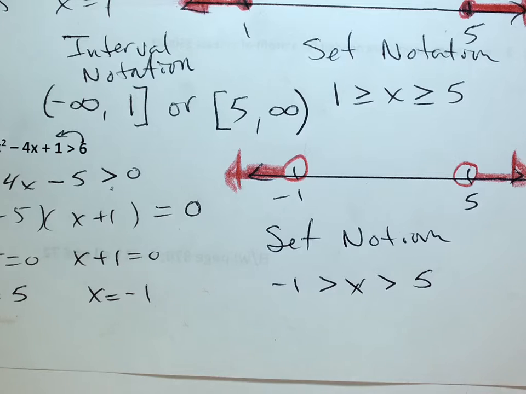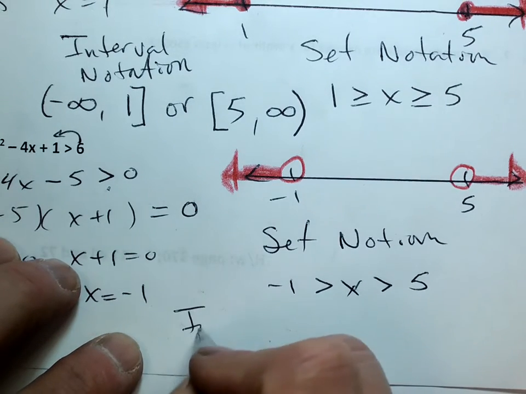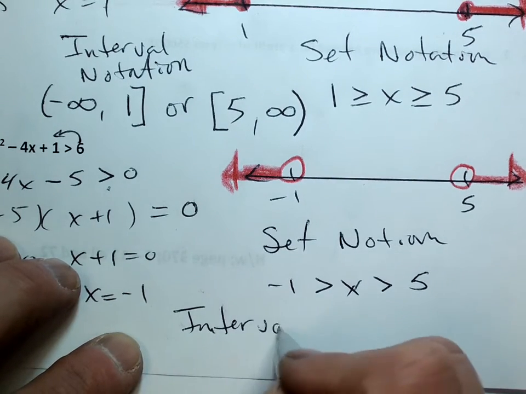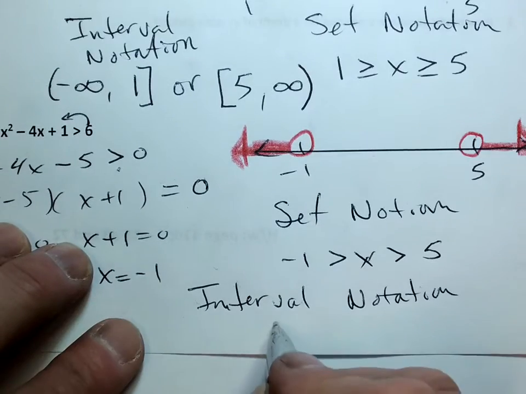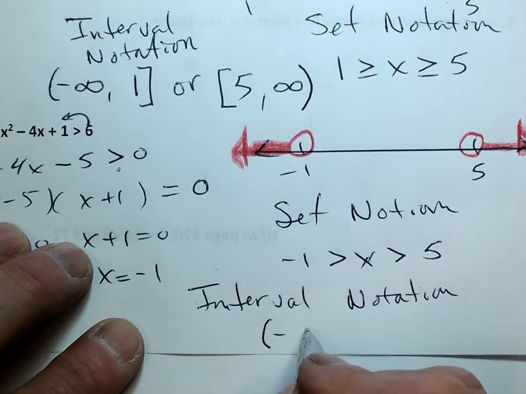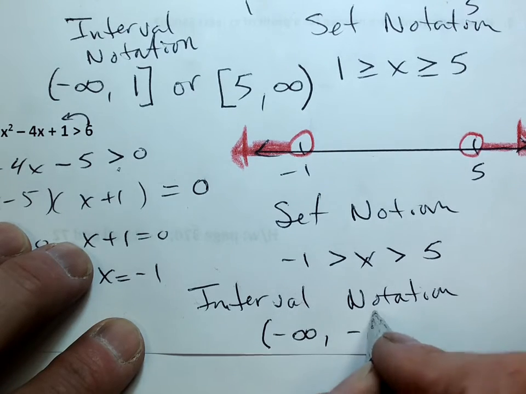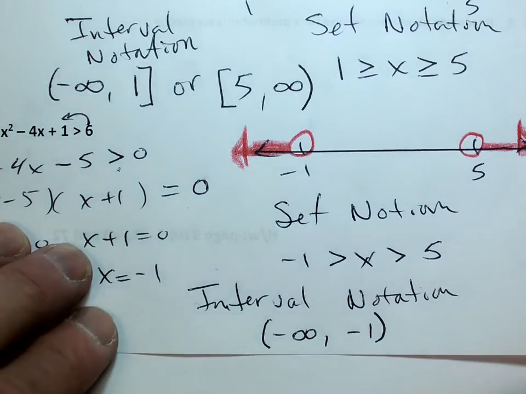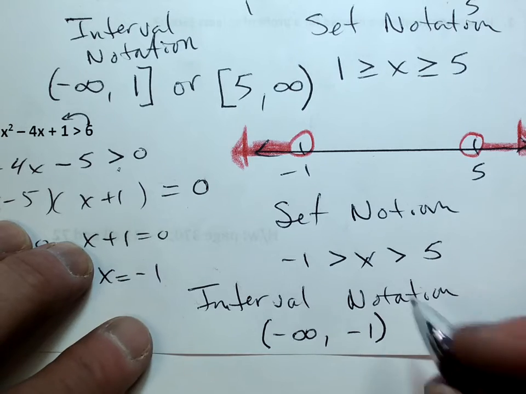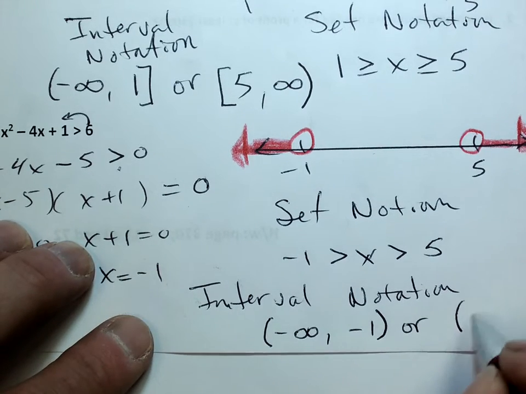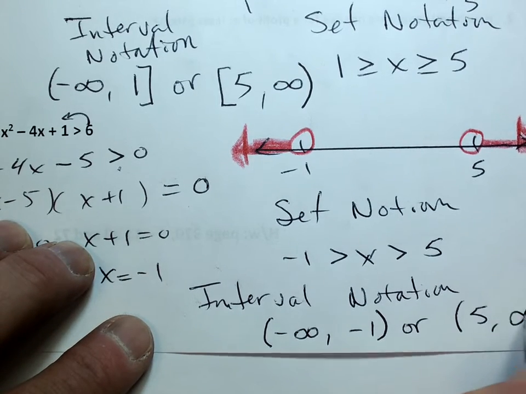Interval notation. I want to do that real quick. Same on the top. Negative infinity, comma, -1, parentheses. Or 5, comma, infinity, okay?